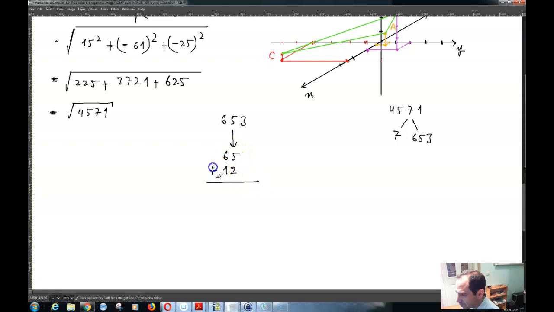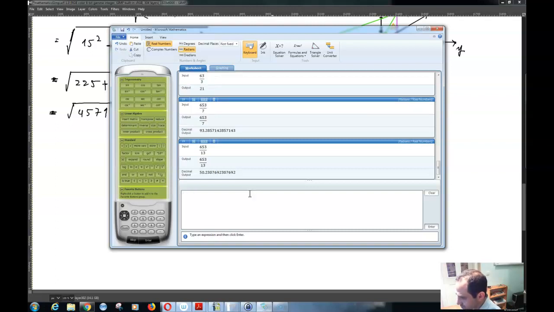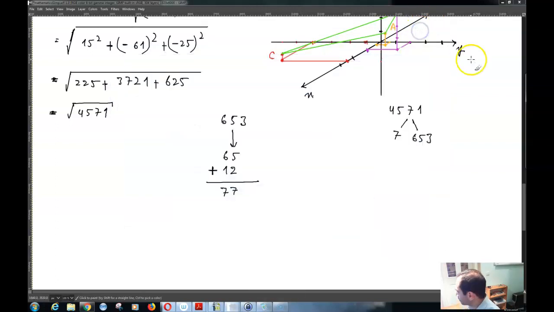Add it to the number, not subtract, but add it. You'll get 77. And of course 77 is not divisible by 13. So the number is not divisible by 13.